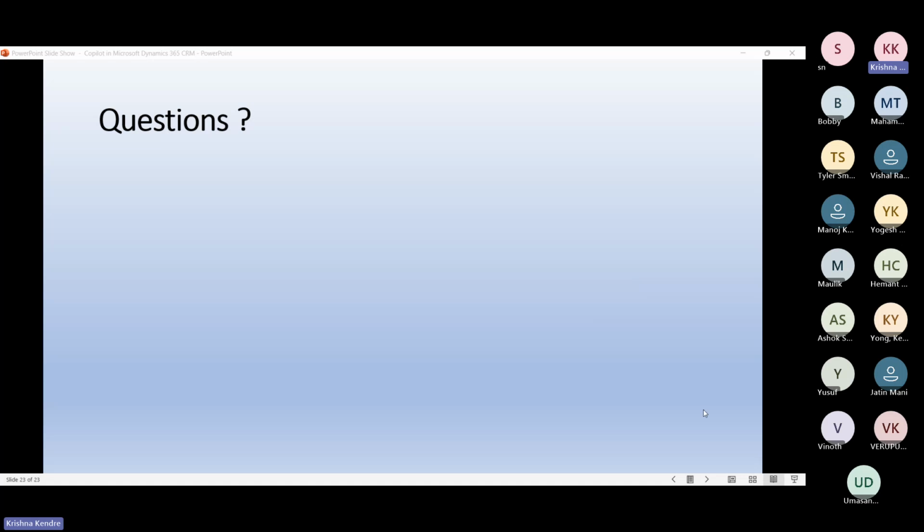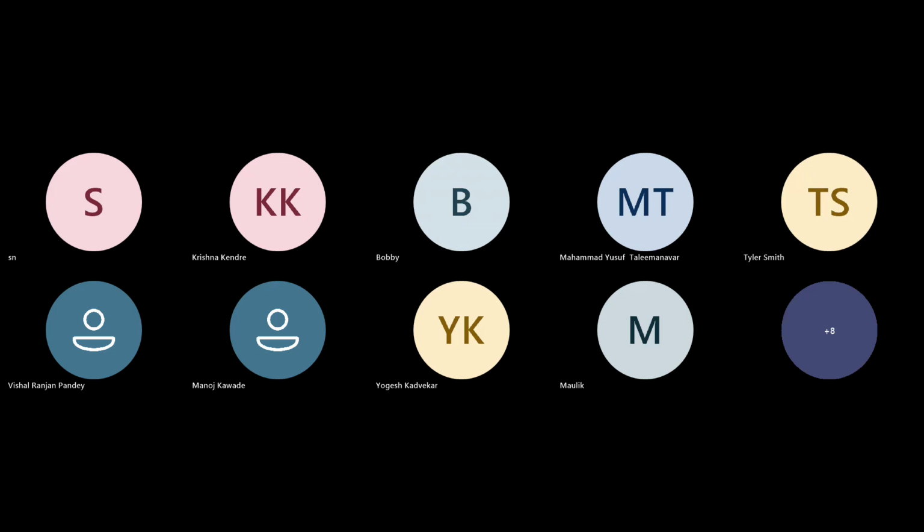Delivery means, Tyler, you are asking about the delivery process in field service or in supply chain? Yeah, supply chain and field service. Yes, in both you can add it. You can automate your delivery process with Copilot.